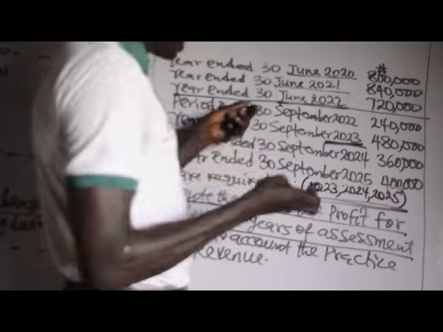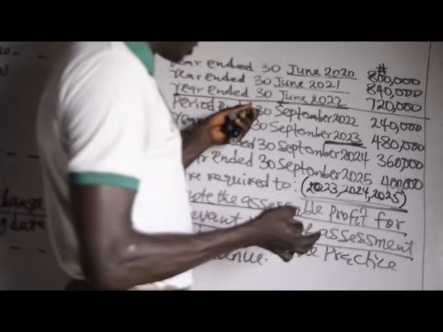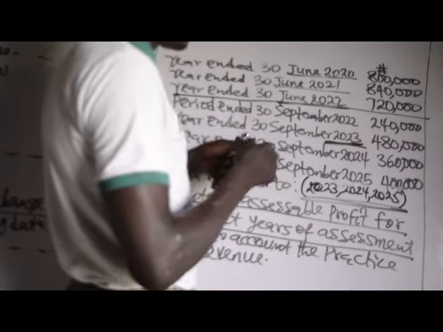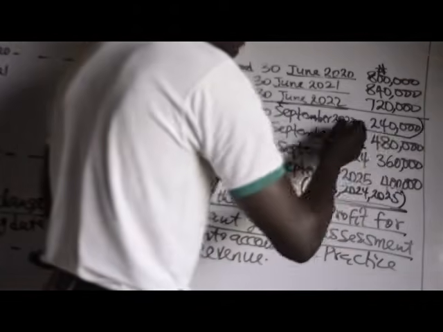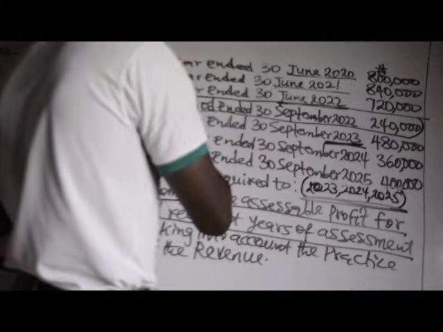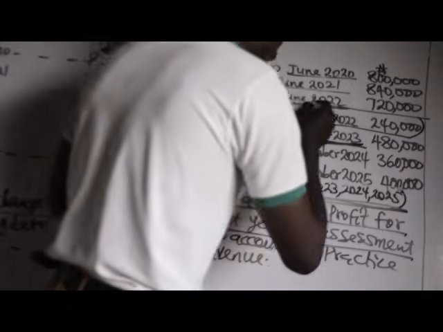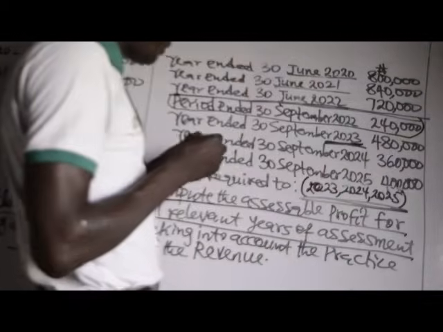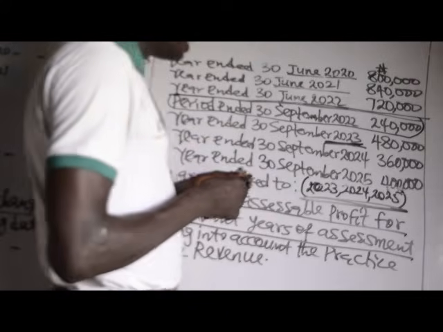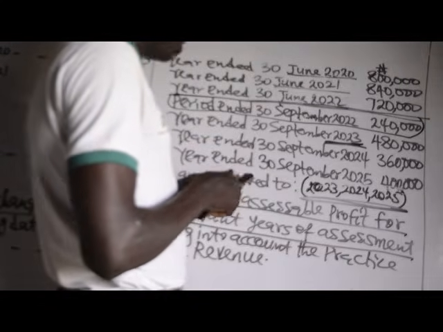You can get July 2022, August 2022, and September 2022. That is to show that this profit of 240,000 is the profit of 3 months. And this 3 months is part of the basis period we are looking for. Remember, we are looking for profit up to June.